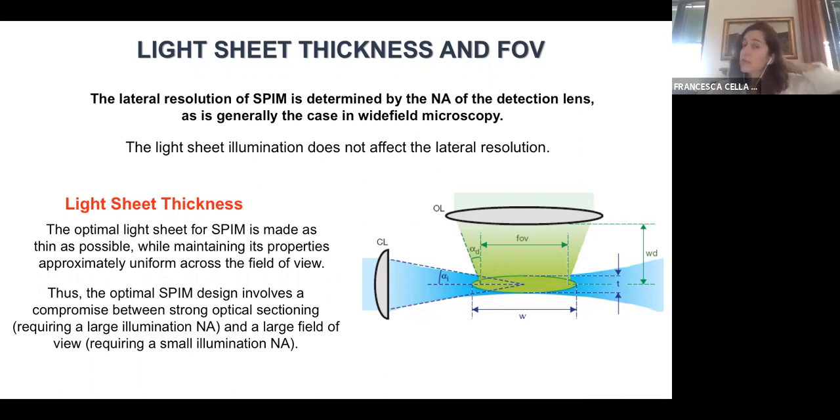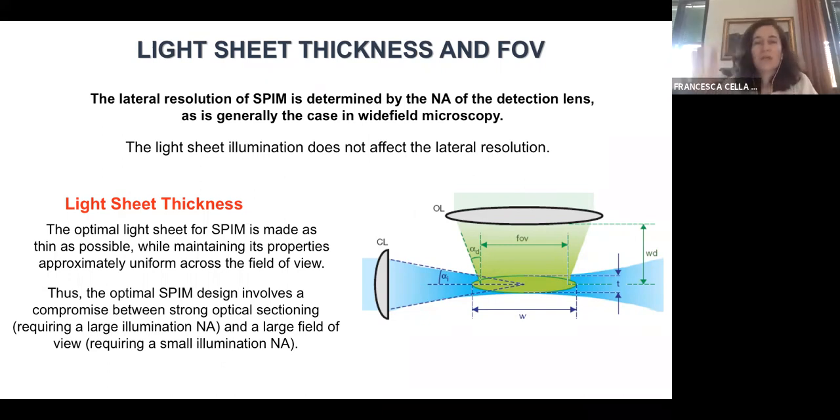So this means there is a relation between the field of view you can reach and the thickness of the light sheet. Then you have to make a balance. Okay, I want to image large samples, so I have to have a big field of view, but probably we will have also a larger thickness of the light sheet, so lower axial resolution.